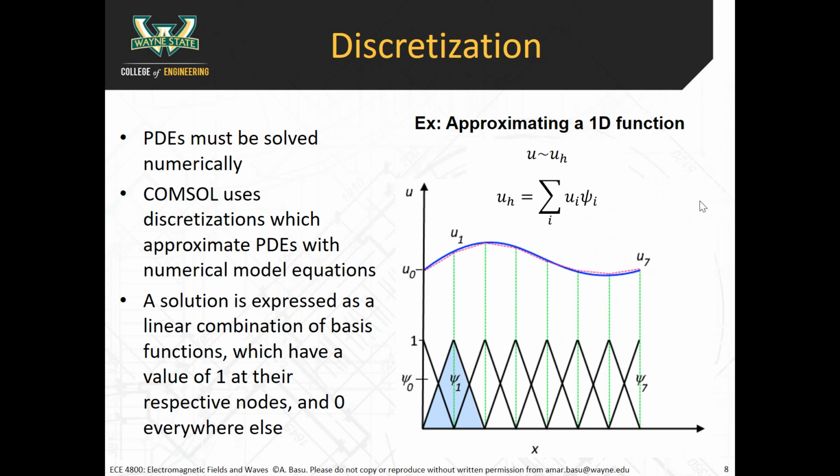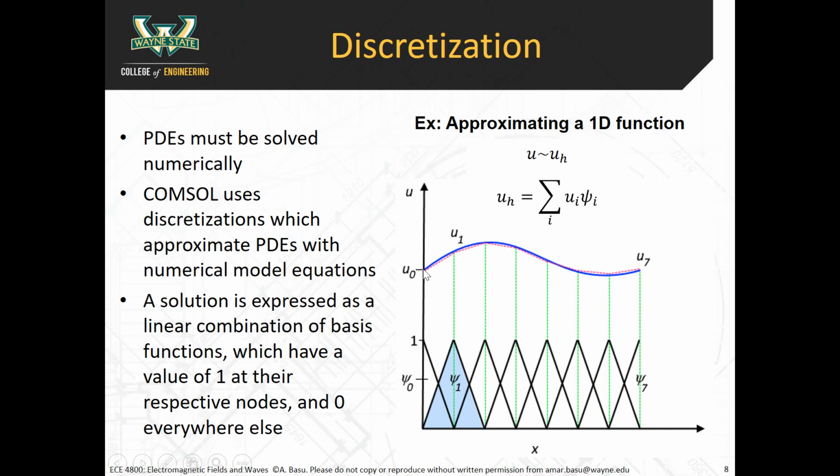The partial differential equations have to be solved numerically. The way that COMSOL does this, from an excerpt in one of COMSOL's help files, is that you can approximate any function as a combination of piecewise linear sections.